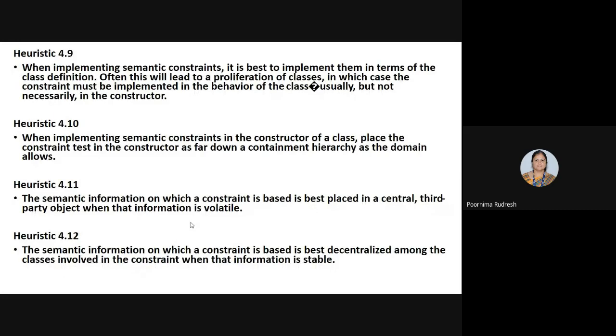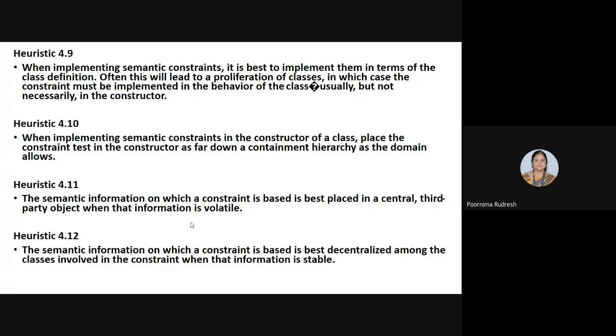And 4.12 says that the semantic information on which a constraint is based is best decentralized among the classes involved in the constraint when the information is stable. Means in this case, we make use of the decentralized approach so that we can distribute the constraint in such a manner.